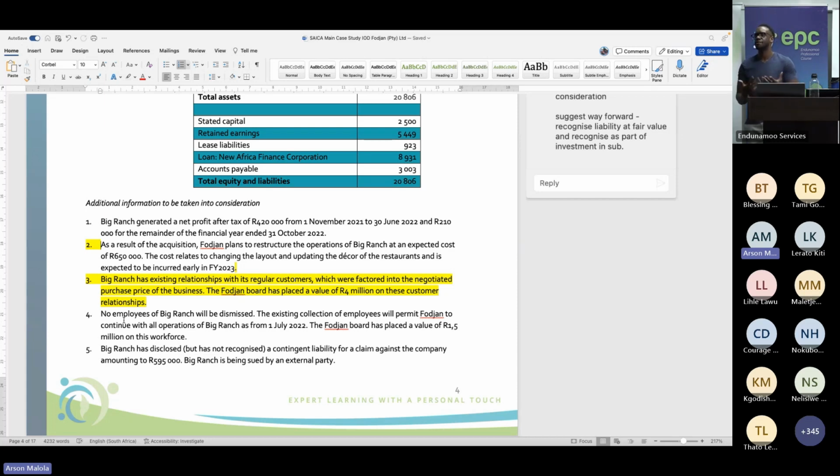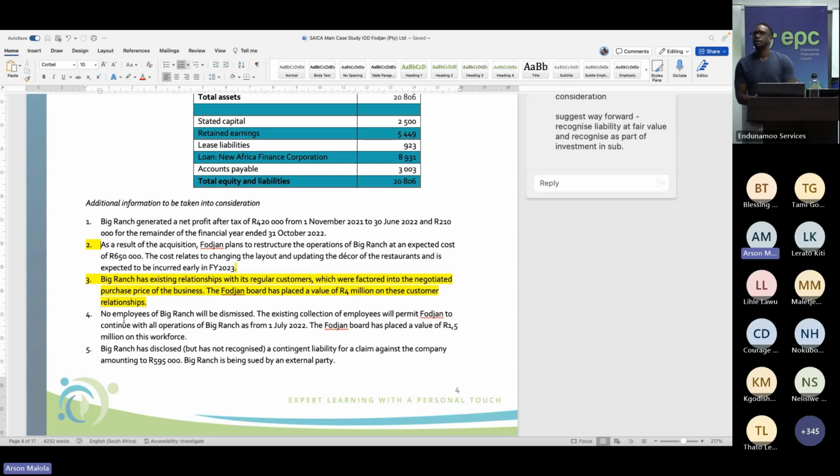So there's a potential we could recognize something here. And I asked you to say, okay, fine, think about the profile of the customers that would come into a company like Big Ranch, and whether or not that profile would, to your expectation, meet the criteria to recognize an intangible asset. So I'm going to pause here before I actually read the sentence and open it up to the floor again.